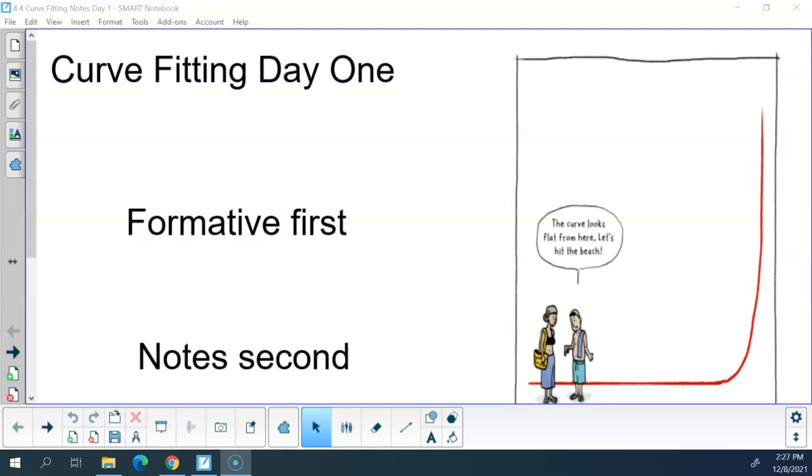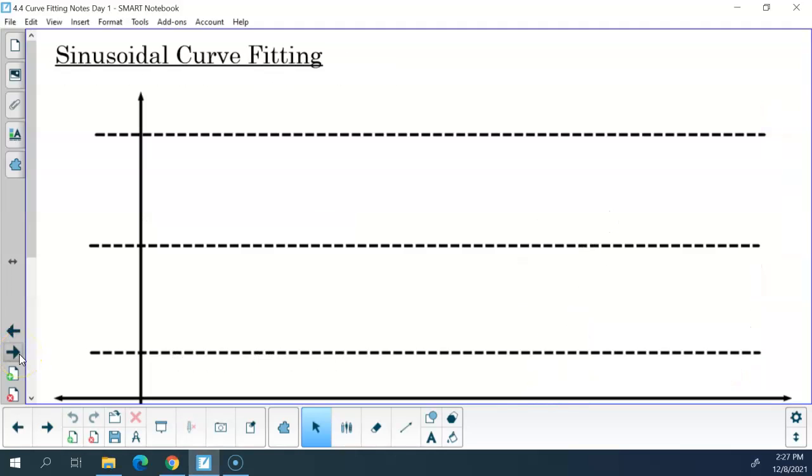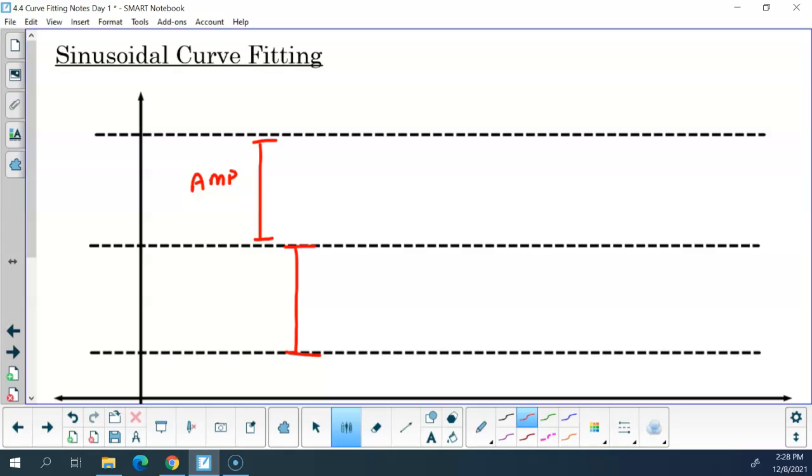It's the same, A is still your amplitude. Okay? Oops, let me go one slide because I forgot it's on this next slide. A is still your amplitude, which is still the distance between the middle and the high, and the middle and the low. Okay. B is still your period change, your horizontal stretch, if you will.